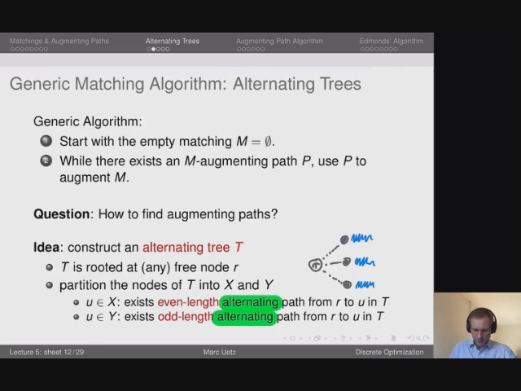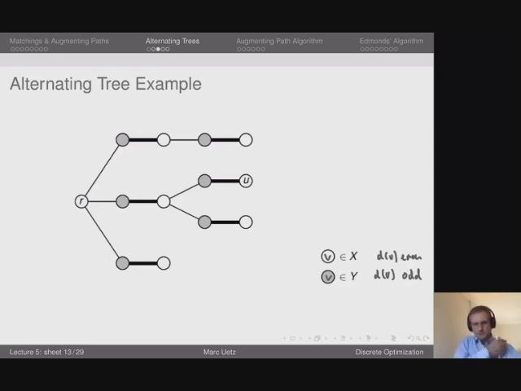And by doing so, the tree will represent alternating paths starting from the root node, which is a free node. And it actually classifies the nodes on the way into nodes that have an even distance from the root node and an odd distance from the root node, like in this picture. So here, these neighbors of the root node would have an odd distance, namely distance 1 from the root node.